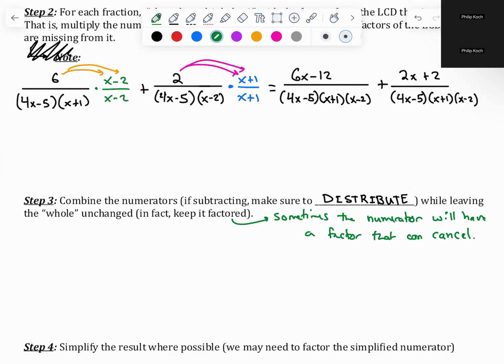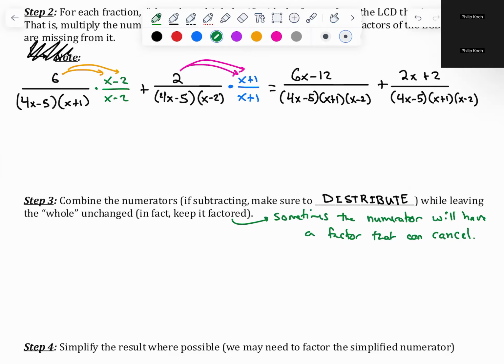Sometimes when you do that, the numerator will actually have a piece that can be canceled with the denominator. So we want to keep it unfactored, because trying to FOIL that out is going to be a lot of work. It's going to be way too annoying because you're going to have to multiply a trinomial by a binomial. It's going to take time that we don't have. We need to spend time with other stuff, so we shouldn't bother doing that.